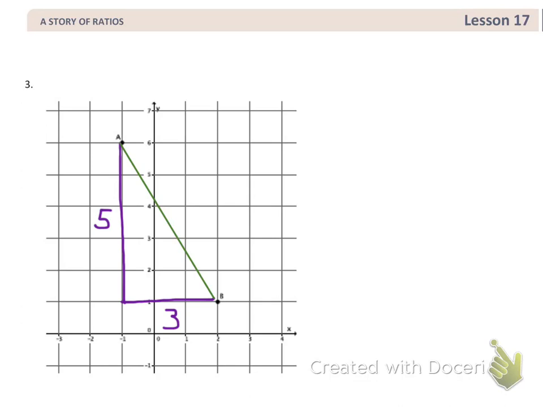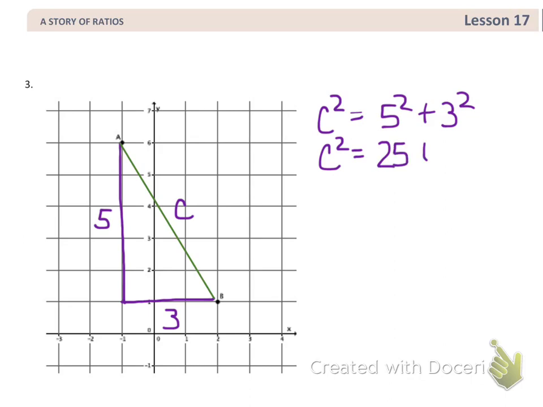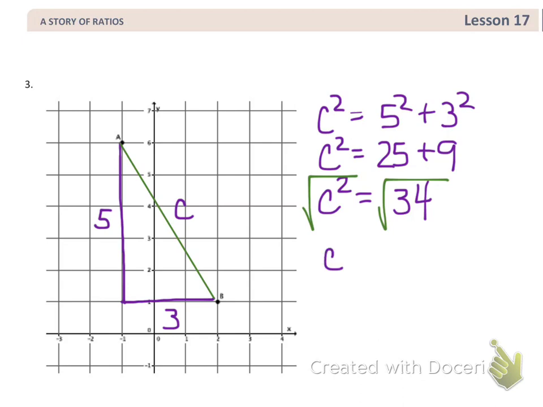So to write the Pythagorean relationship, let's call this C. So we've got C squared is equal to 5 squared plus 3 squared, and we can take the square root of both sides, giving us that C is the square root of 34.